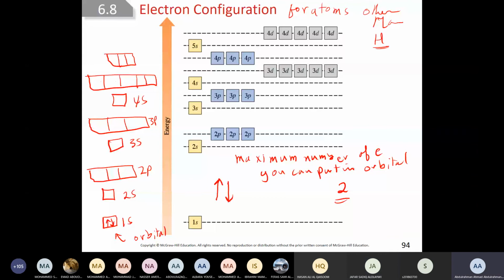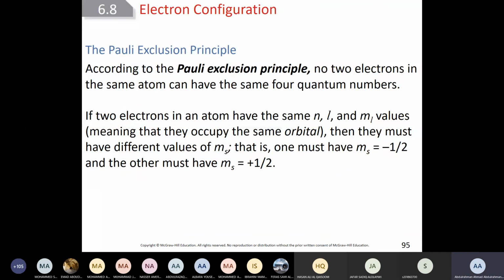And this is called the Pauli exclusion principle. I want you to memorize the name. Pauli exclusion principle. Remember it. What's the Pauli exclusion principle?